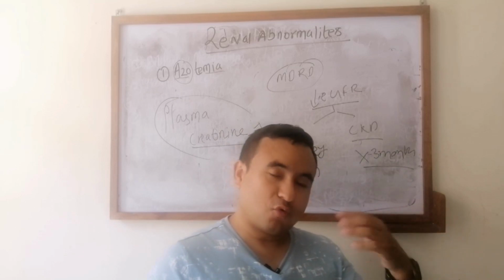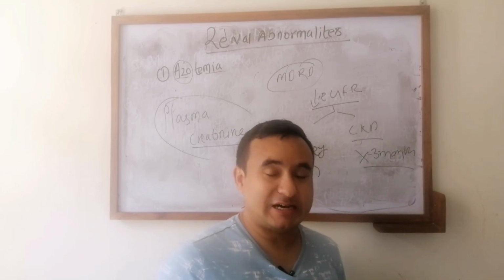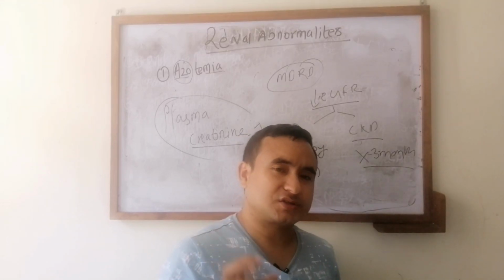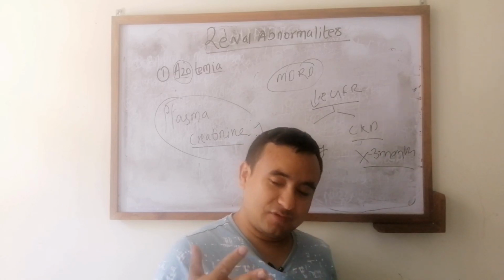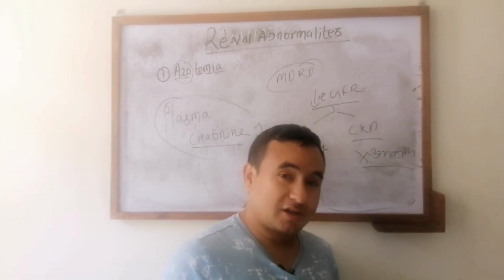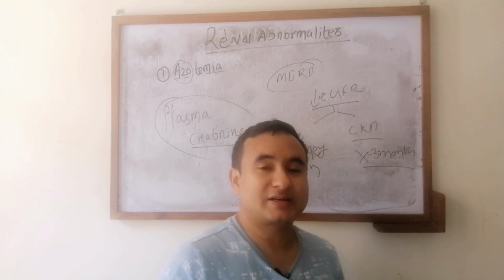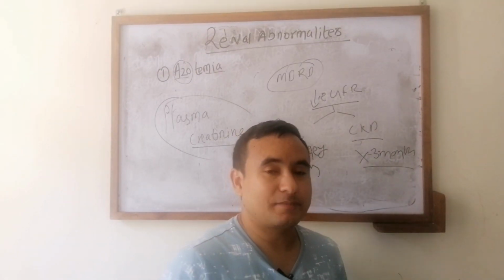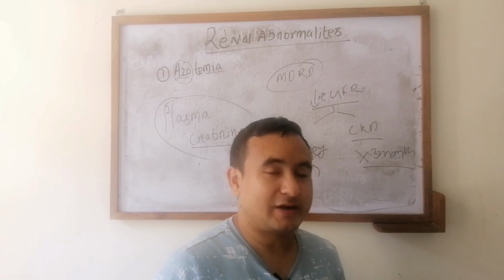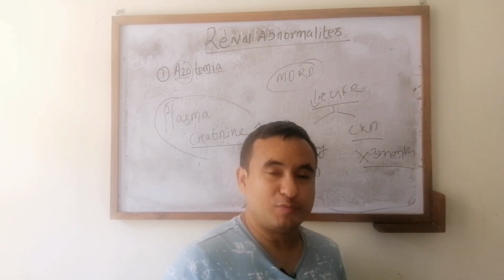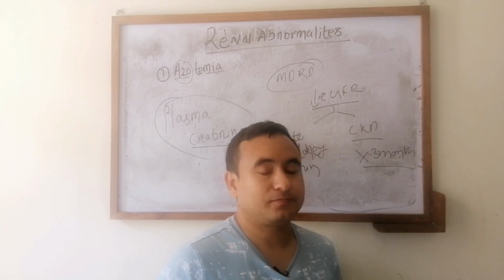Like if you are having excessive diarrhea or vomiting, because of the volume loss your kidney may not get a sufficient amount of blood, and that can injure your kidney. That is called pre-renal failure, pre-renal injury. That usually occurs in case of hypovolemia or hypovolemic shock.